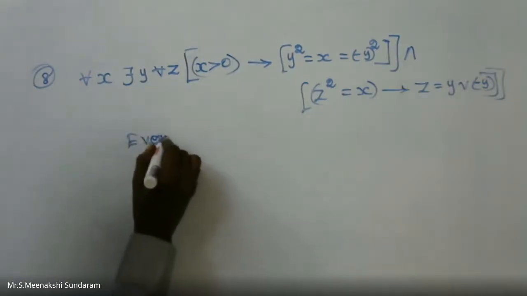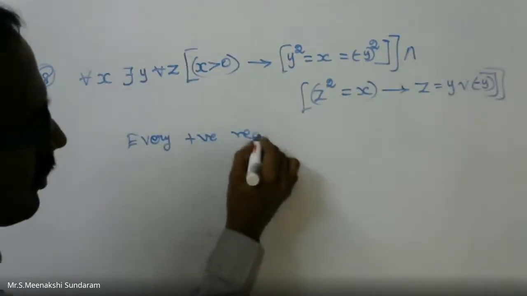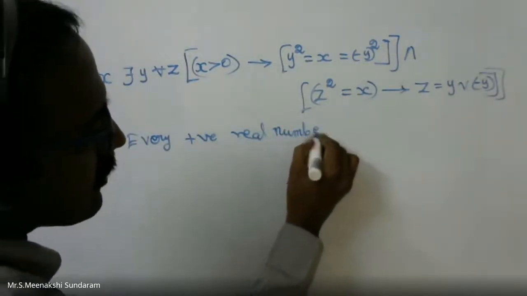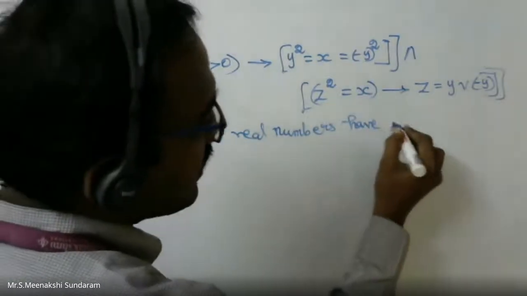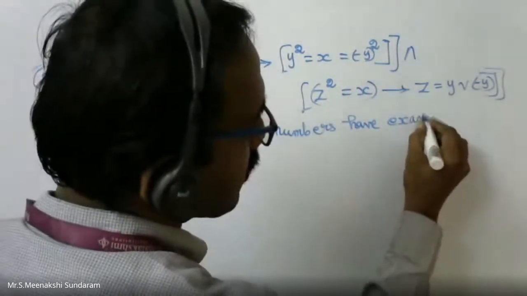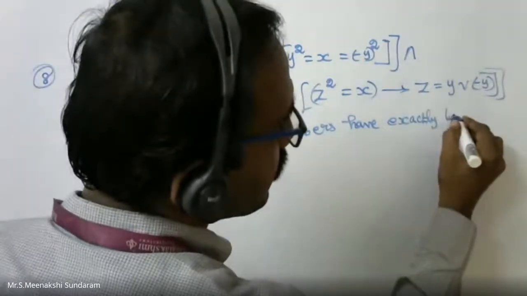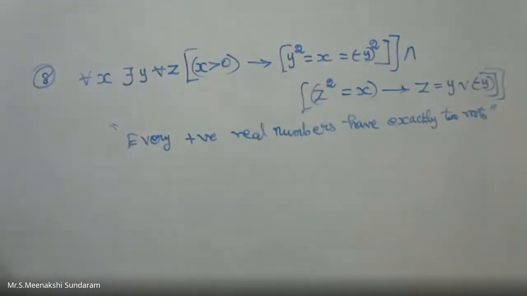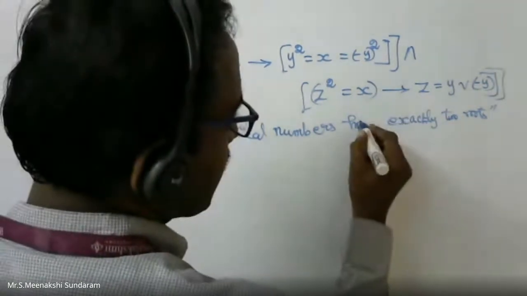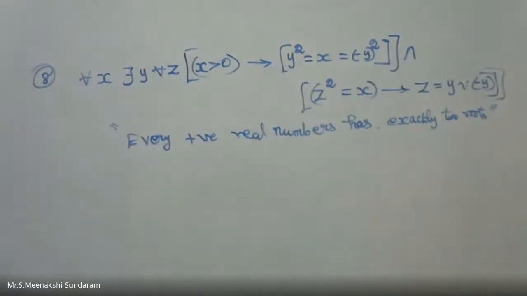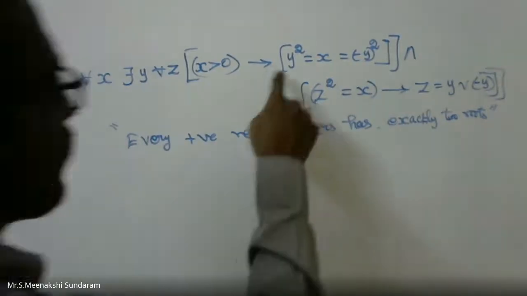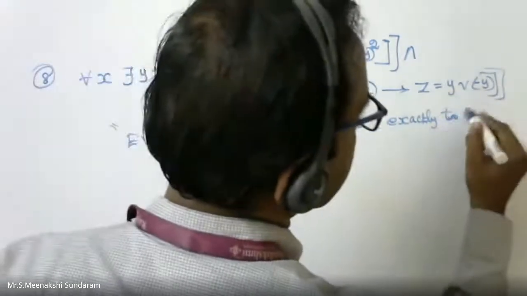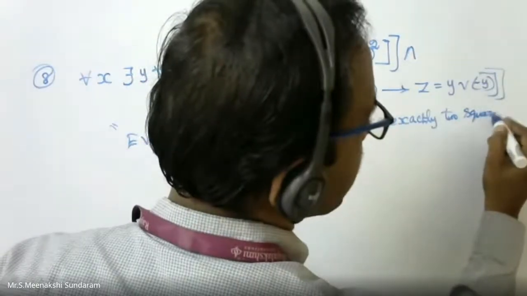Every positive real number has exactly 2 square roots.